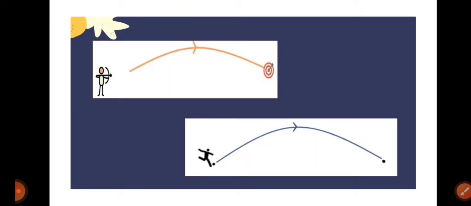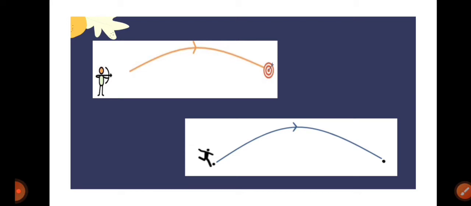Okay, next. Then, please look at the picture. Okay, can you see the picture? What do you see in the picture? Nice. It is the movement of a ball and the direction of a ball kick.